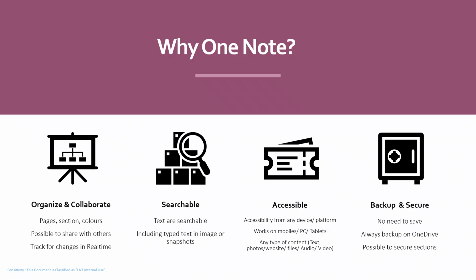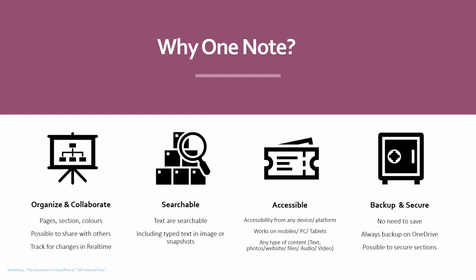For example, if you are in a meeting and you have kept some important data in your OneNote, and at that time you don't have your PC or laptop with you, you are still able to see the data from your mobile. No need to ask any peer to share the data or give you a snap on WhatsApp or search on WhatsApp and give data to other people. So that's why it is accessible over all the platforms.